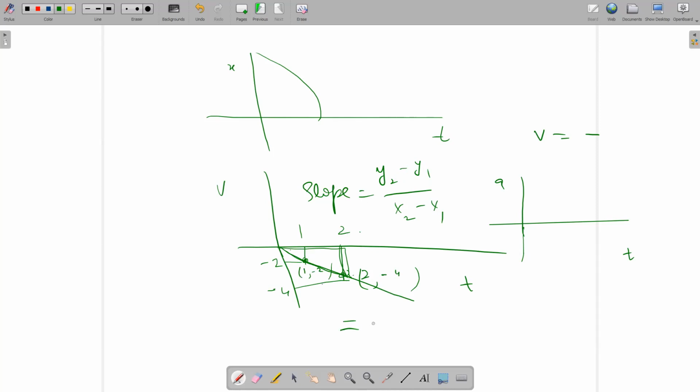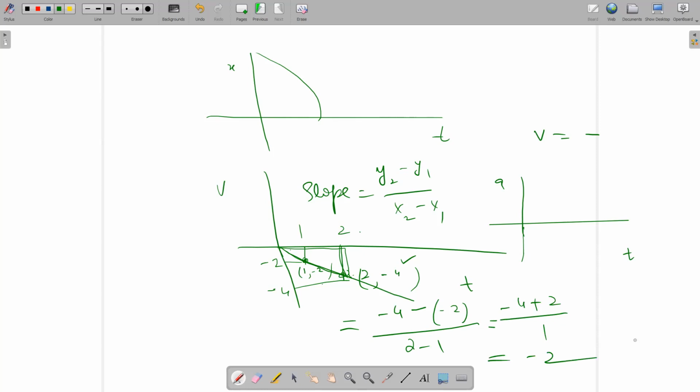Check the slope. If I find the slope, -4 is my y2, -4 minus -2 over x2, 2 minus 1. The answer is what? -4 plus 2 over 1, it will be -2.